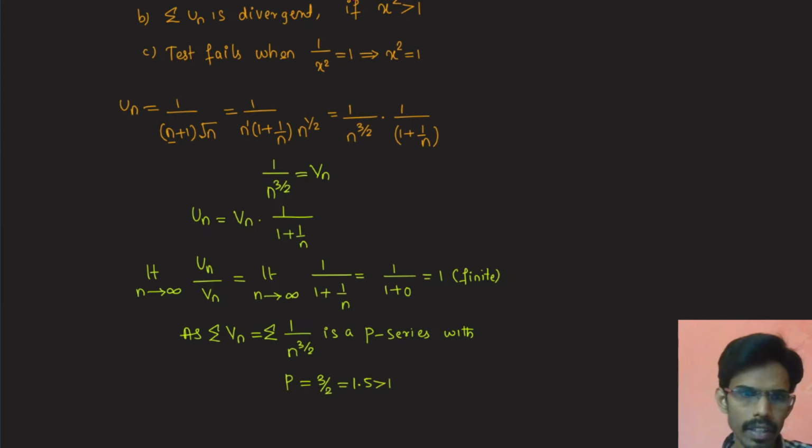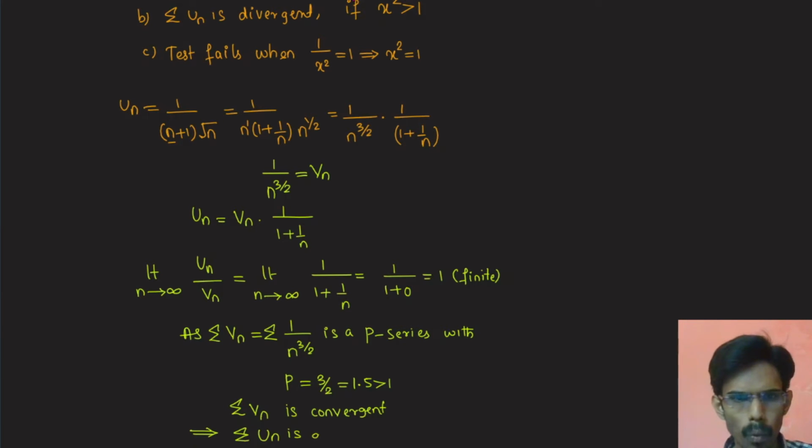When p is greater than 1, we say sigma Vn is convergent. If sigma Vn is convergent, that automatically implies that sigma Un is also convergent. How? By comparison test.